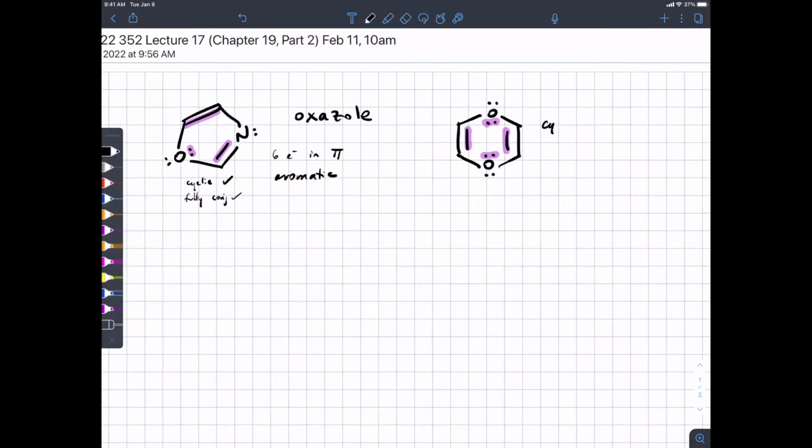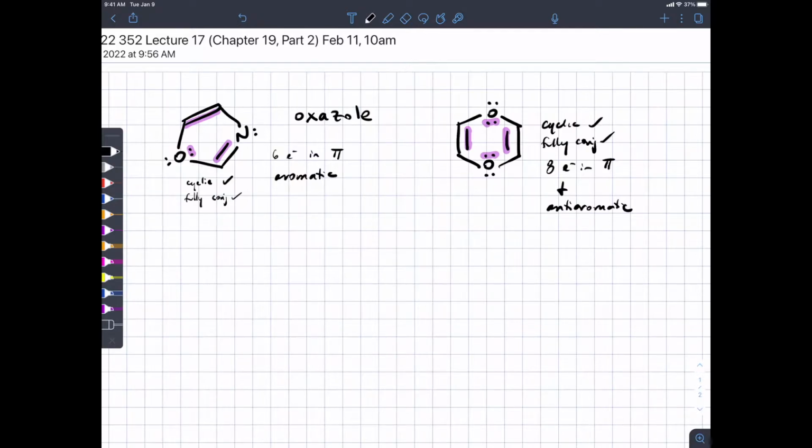So this would be cyclic and fully conjugated because each of the atoms in the ring brings a p orbital with it that can align with the others. However, it has 8 electrons in the pi system and therefore is anti-aromatic.